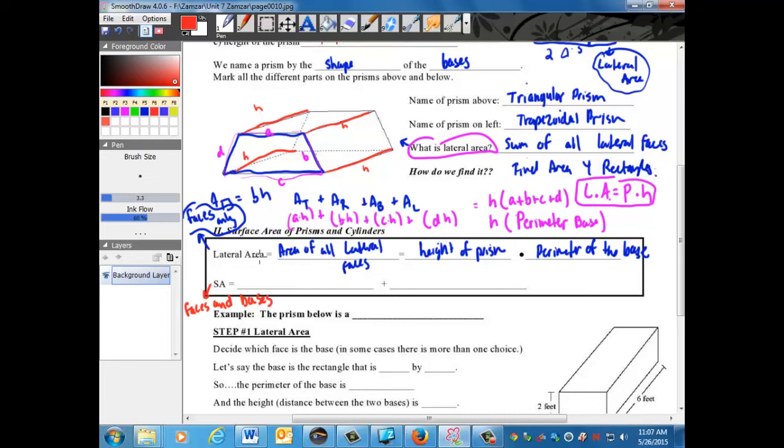So the surface area is going to be our lateral area, which is our area of all of our faces plus the area of our bases, which would be 2 times our base area.